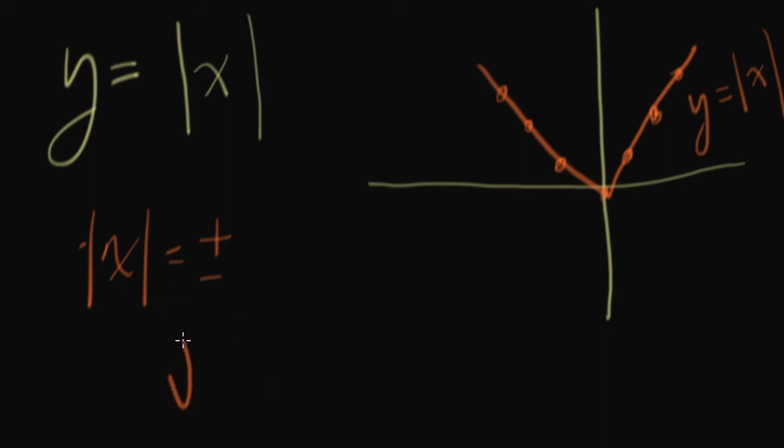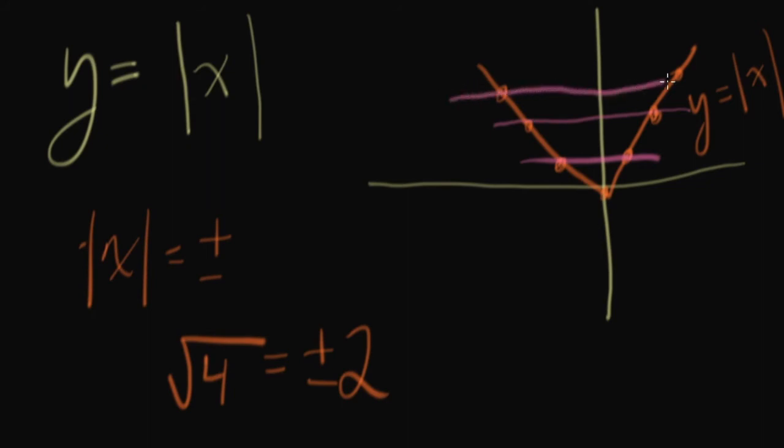It's kind of like when you took the square root of things. The square root of 4 is plus or minus 2. So you're getting a positive and a negative. So when you're solving absolute value stuff, you're going to get a positive version and a negative version. So that's kind of why you get that. You get a positive and a negative, a positive and a negative, and a positive and a negative. And that makes a V.